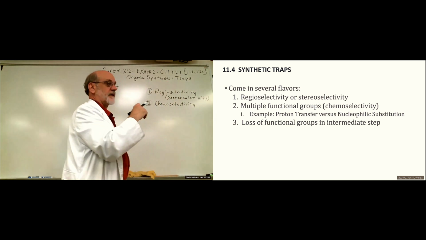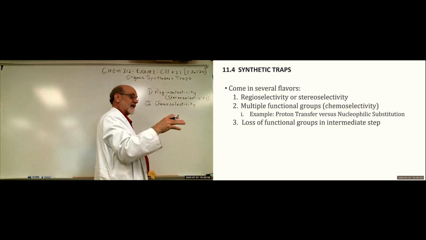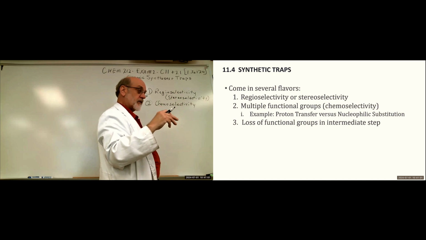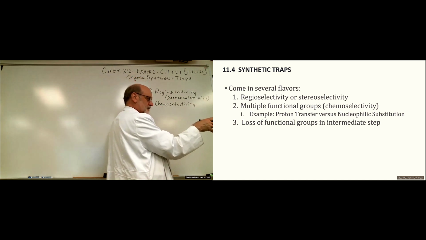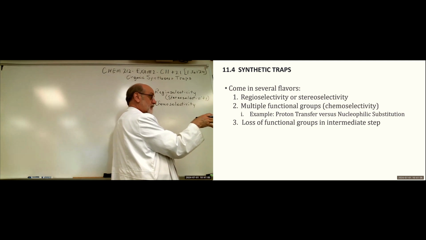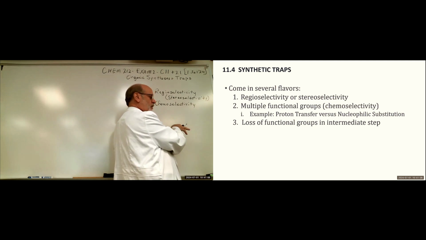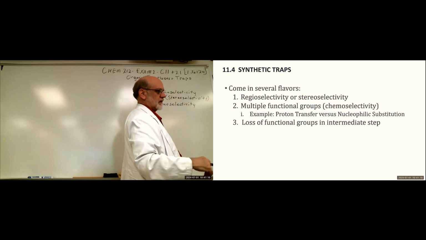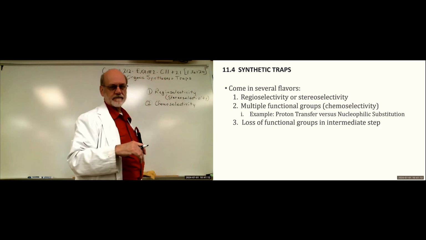That's where you have more than one functional group that's active, and you think you're going to get a reaction at one site, but either you don't get that one and you get the other one that's more reactive, or you get both of them, and it just creates a mess.